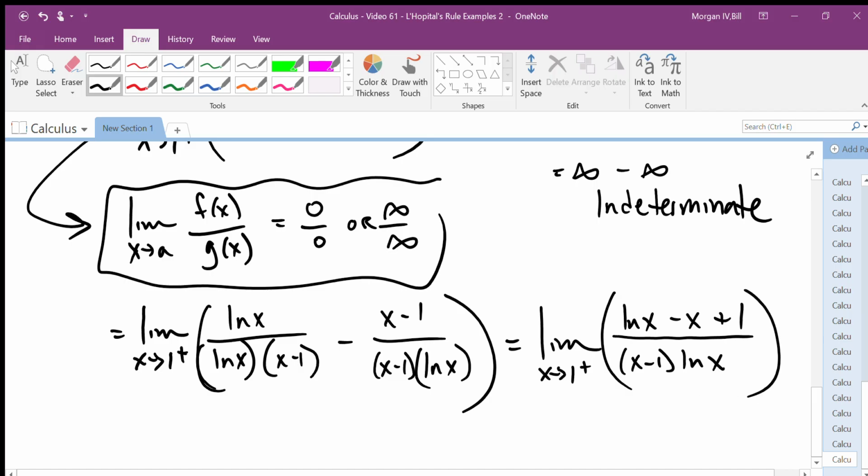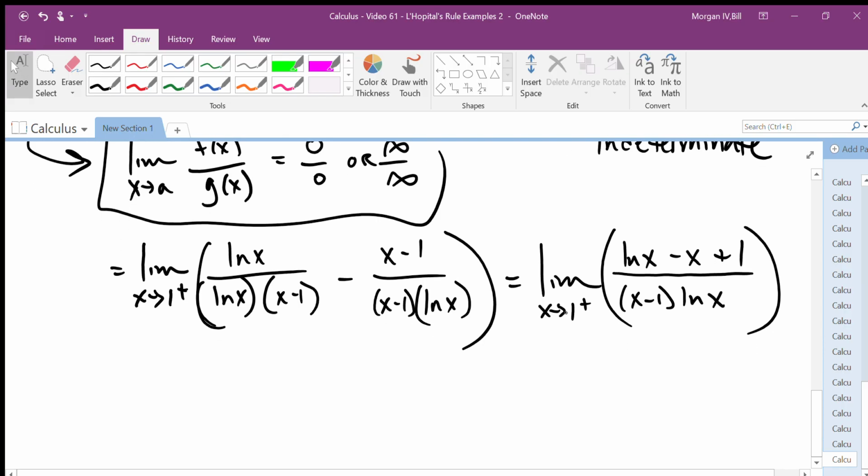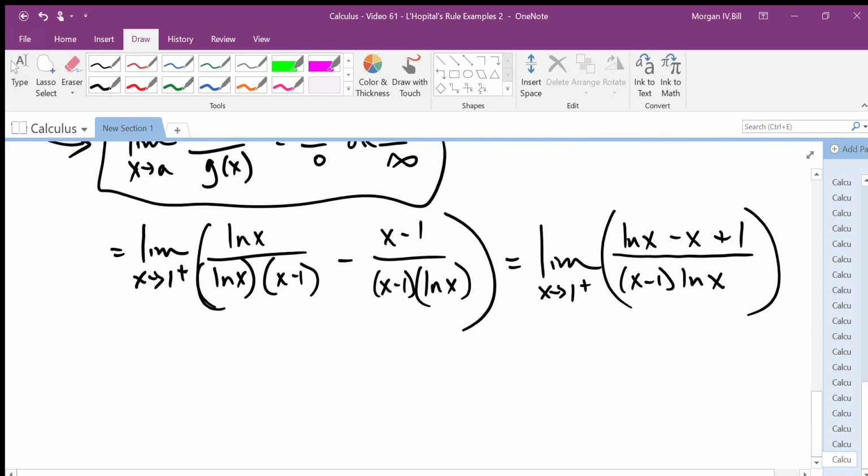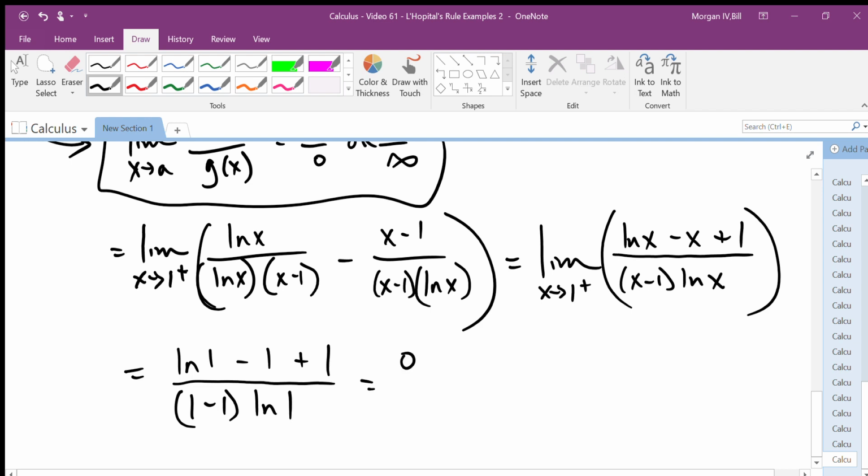Now that we've rearranged it to I have a function over a function, the f of x over g of x, let's re-plug in the 1. We'll do a direct substitution and see what we get. So we get the natural log of 1 minus 1 plus 1 over 1 minus 1 times the natural log of 1. Okay, the natural log of 1 is 0.